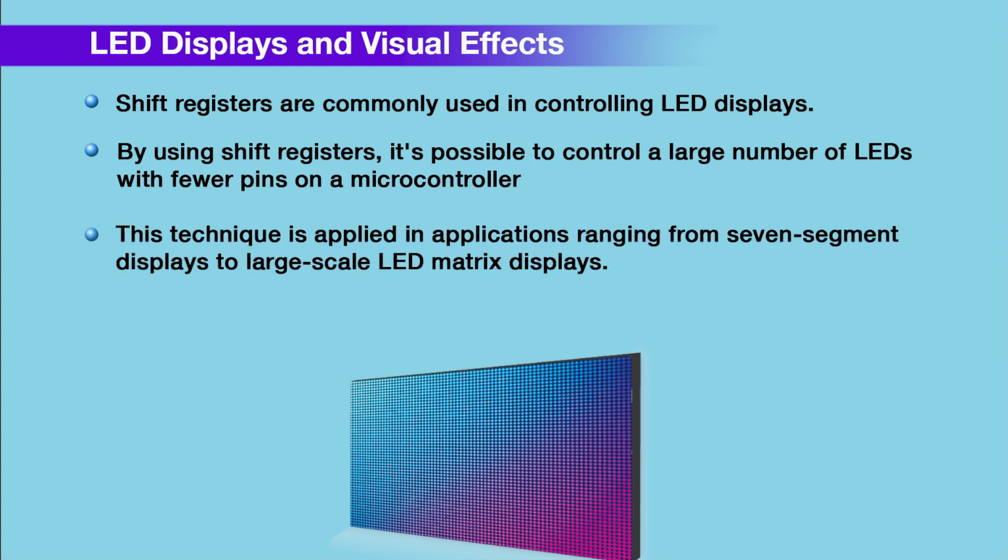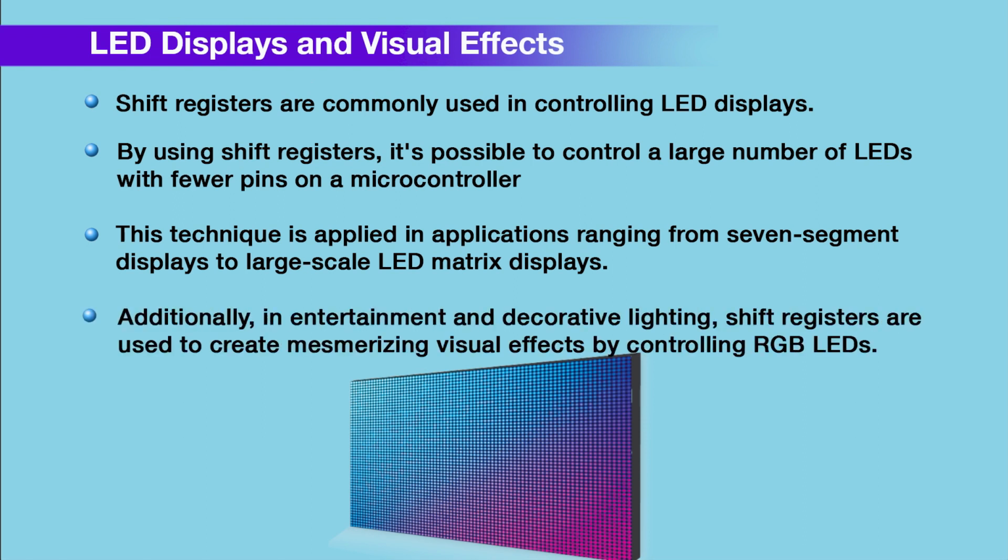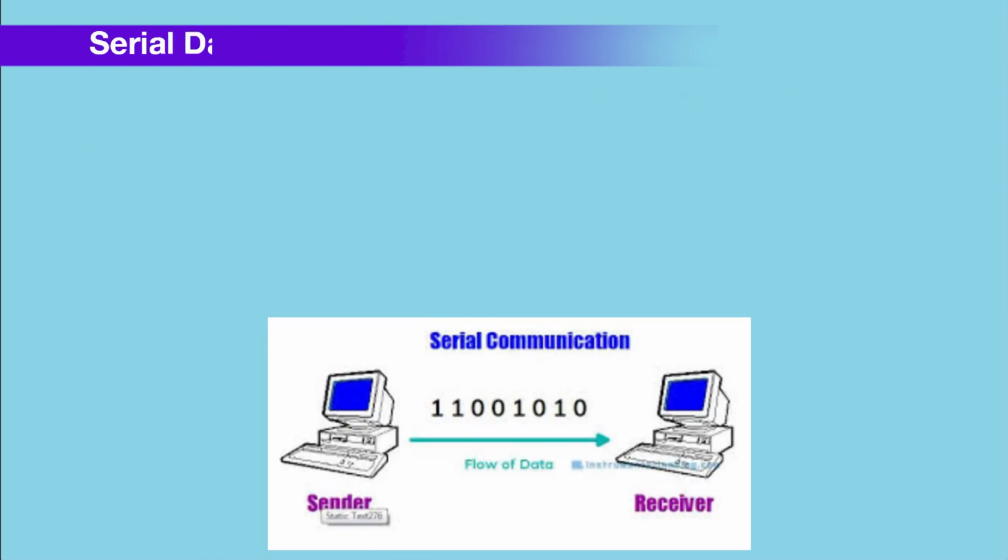This technique is applied in applications ranging from 7-segment displays to large-scale LED matrix displays. Additionally, in entertainment and decorative lighting, shift registers are used to create mesmerizing visual effects by controlling RGB LED displays.